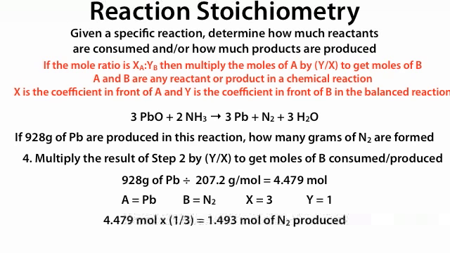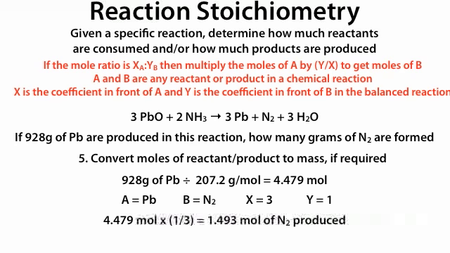We do that here. 4.479 moles times 1 over 3, which is Y over X, to get 1.493 moles of N2 produced. N2 is produced because it's a product.